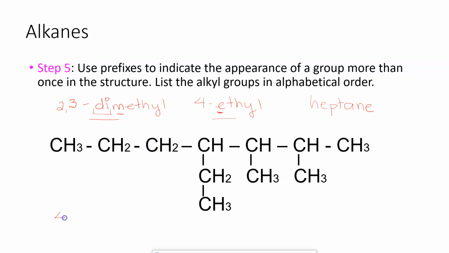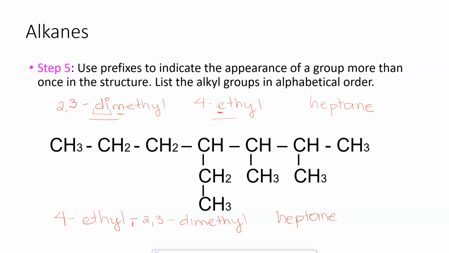So this is a 4-ethyl, and then this is a 2,3-dimethyl, right, in a heptane chain, all right?